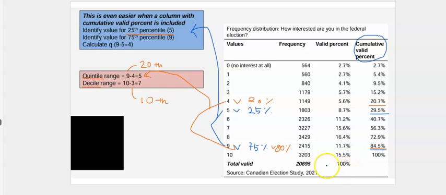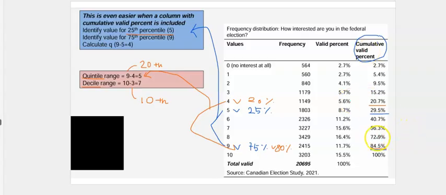So you can see here in this table the cumulative valid percent. When you look for the percentile of 25%, you see that 20 is not yet 25%. So you have to go to the next line. So that is 5, that is a 25% or higher. And then 75 is the percentile you want to know.